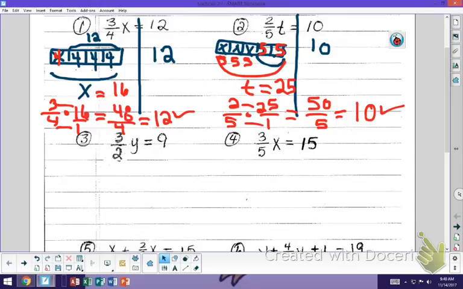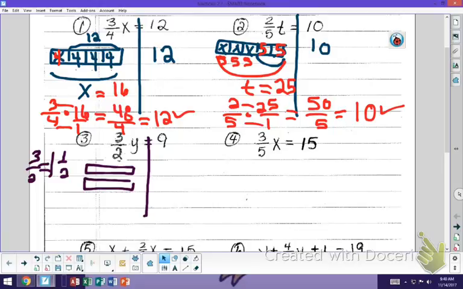Now number 3 is a little bit different because we have 3 halves. Now thinking about this, 3 halves is the same thing as 1 and 1/2. So I'm going to need not 1 rectangle, but actually 2 rectangles.